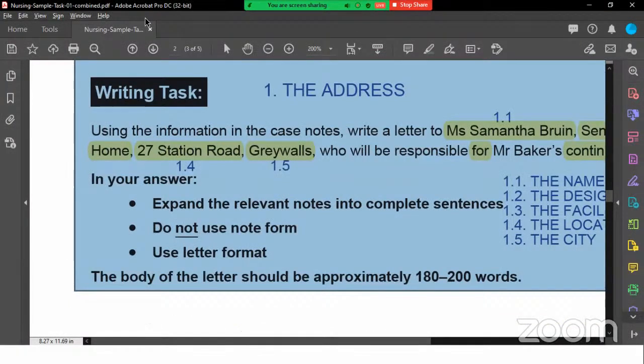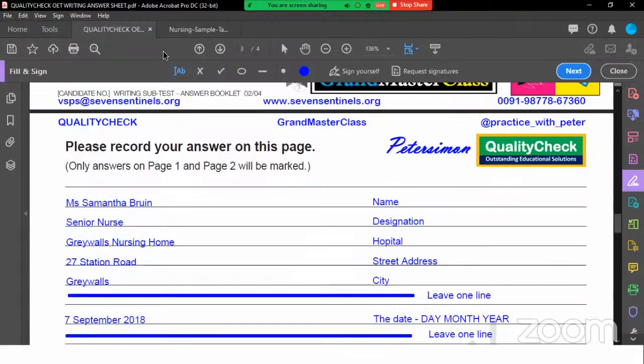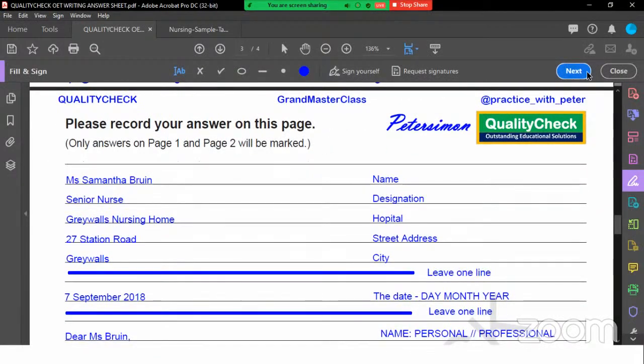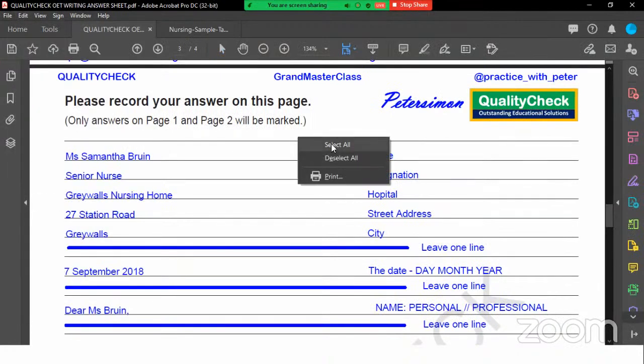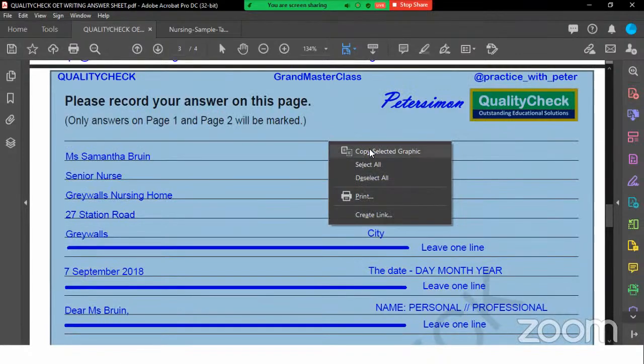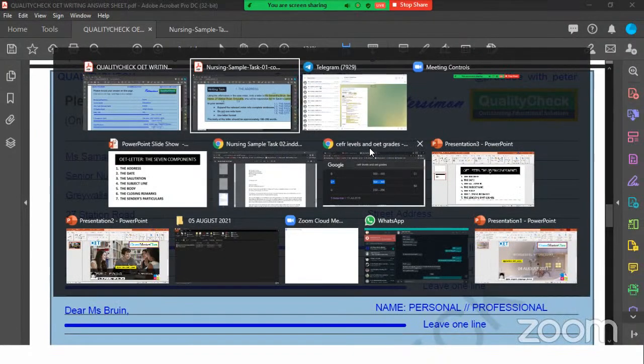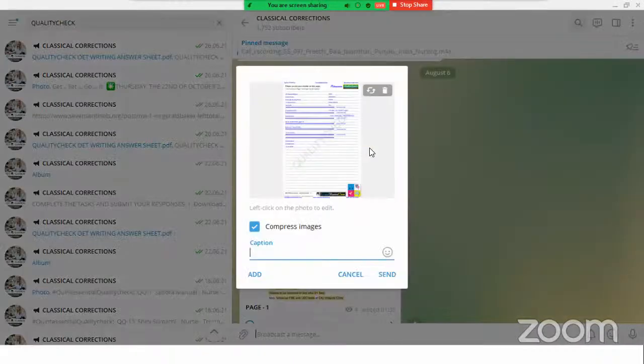Now, yeah, this one. Close, edit, take a snapshot, select all, copy selected graphic. Yes, this you can say as accessories. What other things? Main body is important.